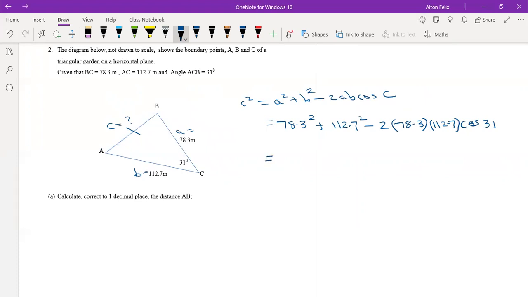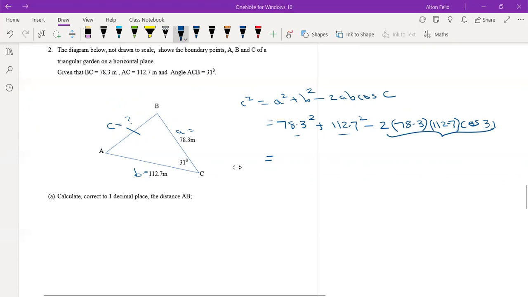Let's work out this piece first, right? And then we'll take the squares of that number and that number. So let's find the calculator. Let's find cosine 31 first.